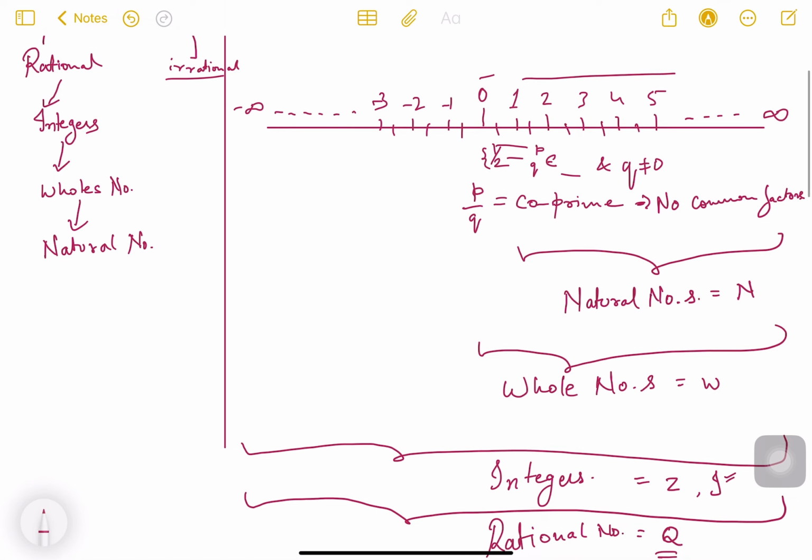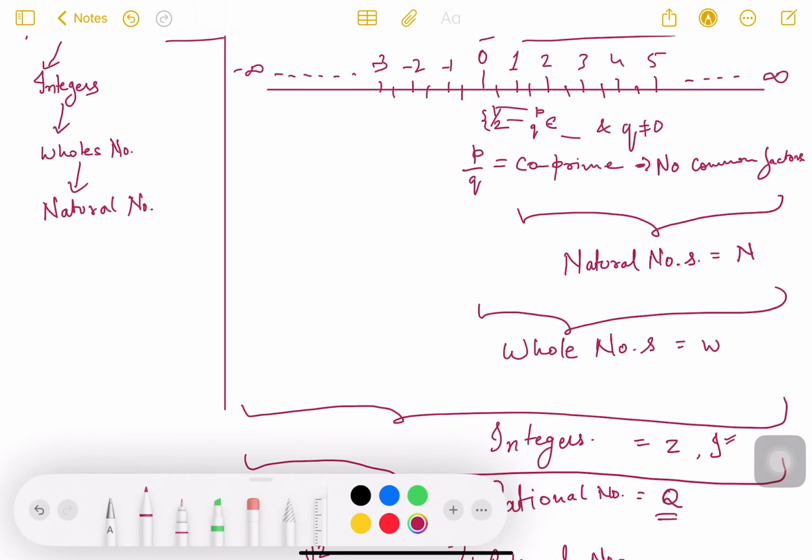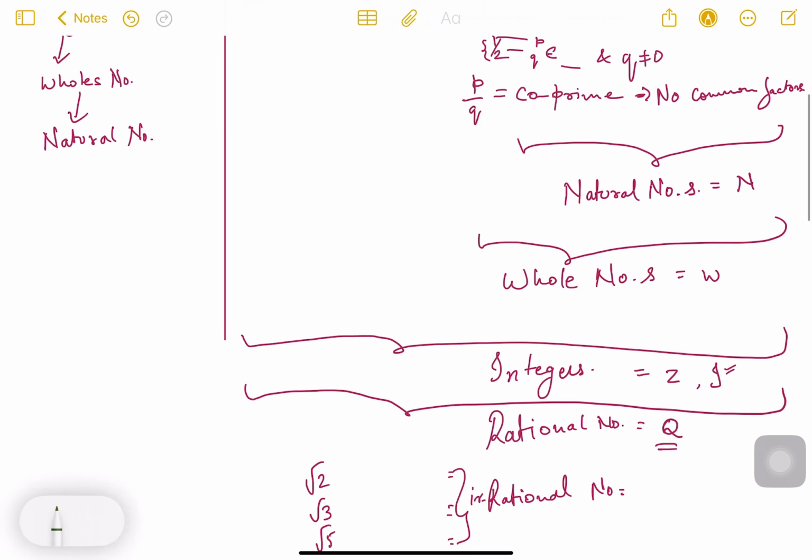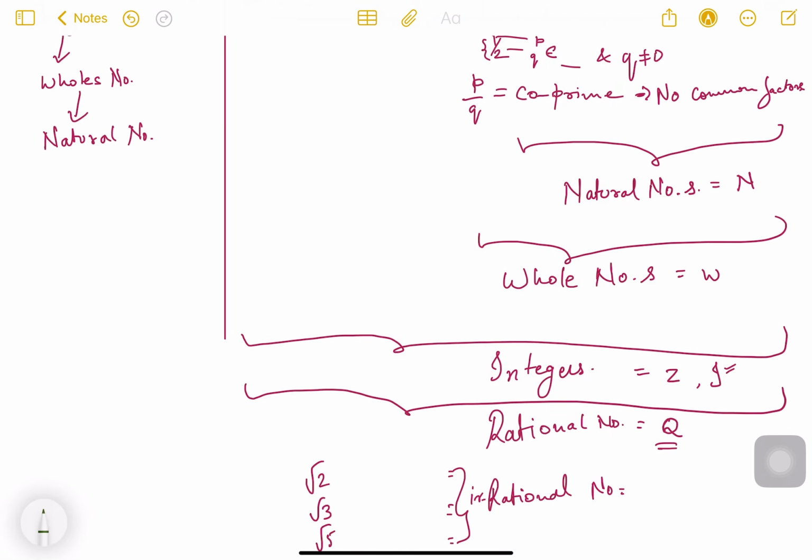If the numbers are, numbers can be either rational or irrational.